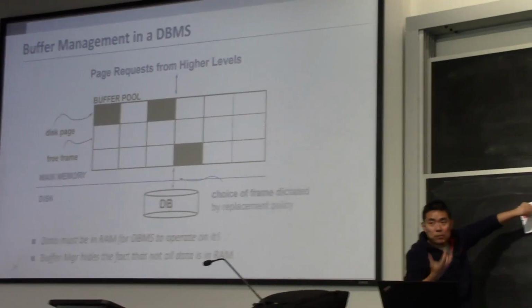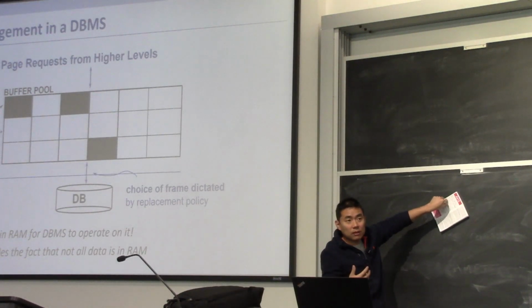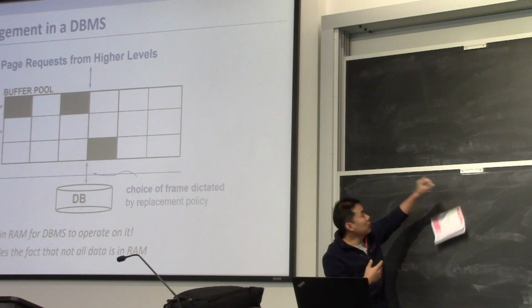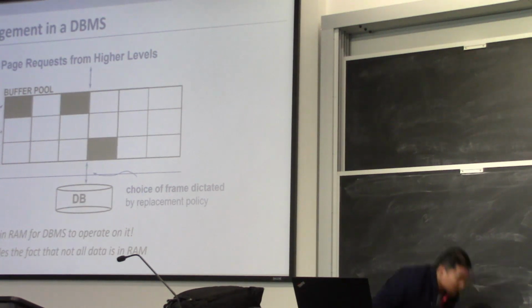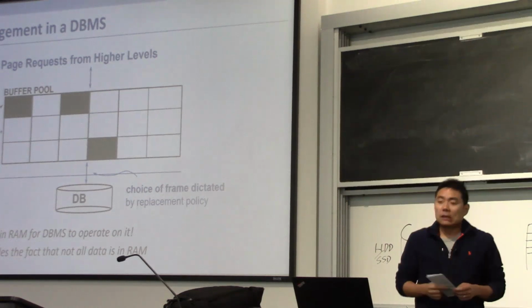That's why we call it pin the page. You understand this? Okay? And when you have pinned the page, sometime later you have to unpin the page. Like you remove the pin, page is gone. That's called unpin the page. Okay? So that's the basic idea.